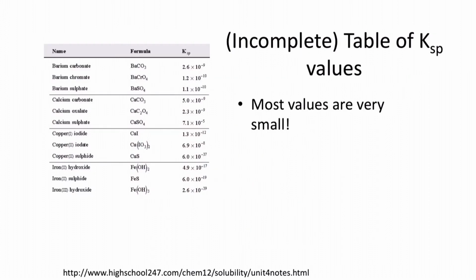So just to give you some examples of KSP values, here's a table that isn't complete, but just highlights some typical values that you might come across. You can see here on the left are the names of different compounds, what their formulas are, and what the KSPs are. The point here is that you shouldn't memorize these numbers, but most of these values are very small, right?